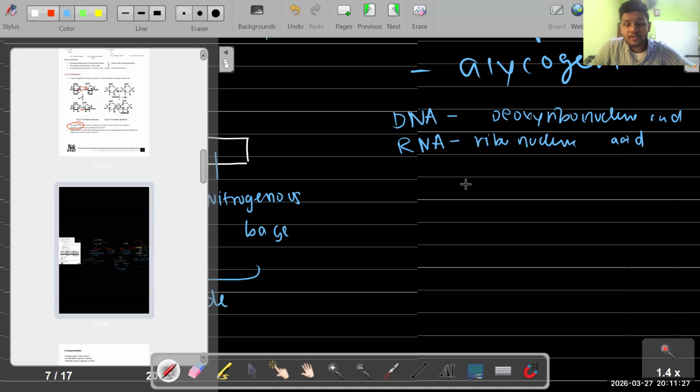So, what are the monomers of them? Now, cellulose is a biopolymer, right? It is a polymer. What is the monomer of cellulose? Students, what is the monomer?